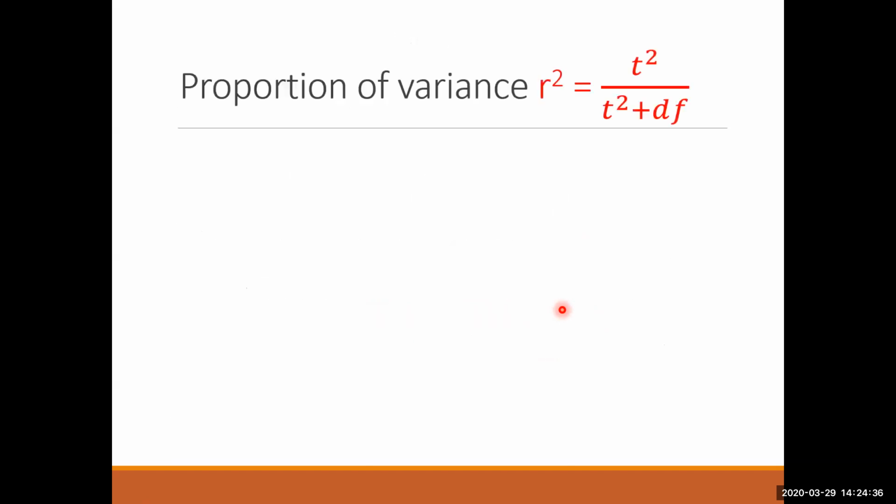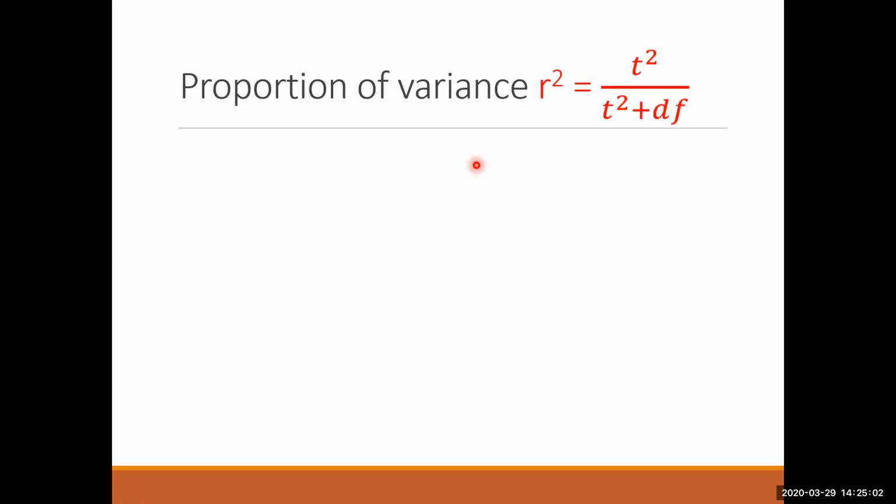So here's a new effect size. It's called R squared, the proportion of variance. In your textbook, I noticed that they explained that the proportion of variance is measured in a t-test by eta squared.